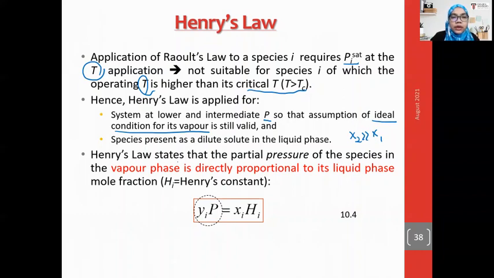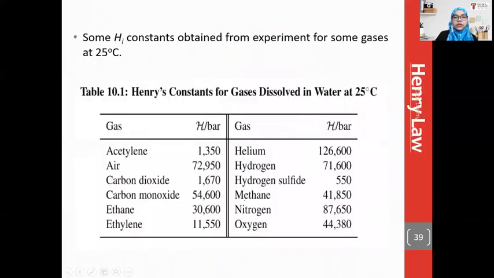Okay, Henry's law states that the partial pressure of the species in the vapor phase is directly proportional to the liquid phase mole fraction. So we get the Henry's constant, denoted by H here. So y_i P is equal to x_i H_i.